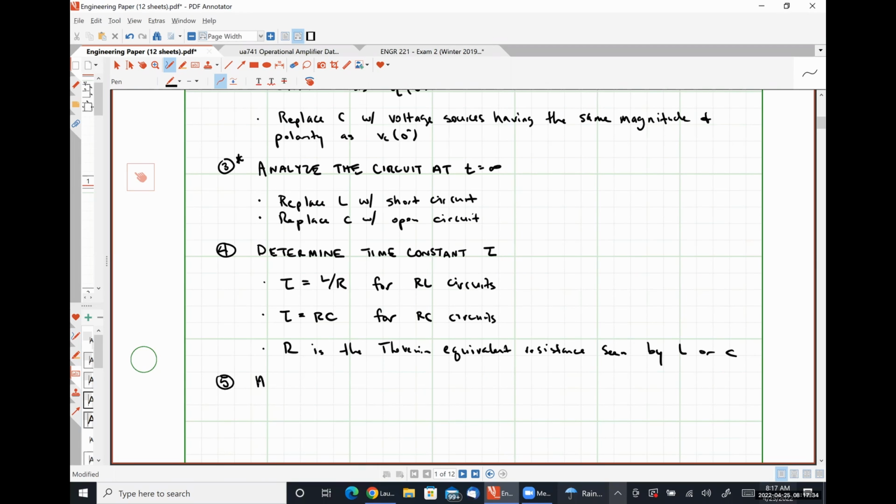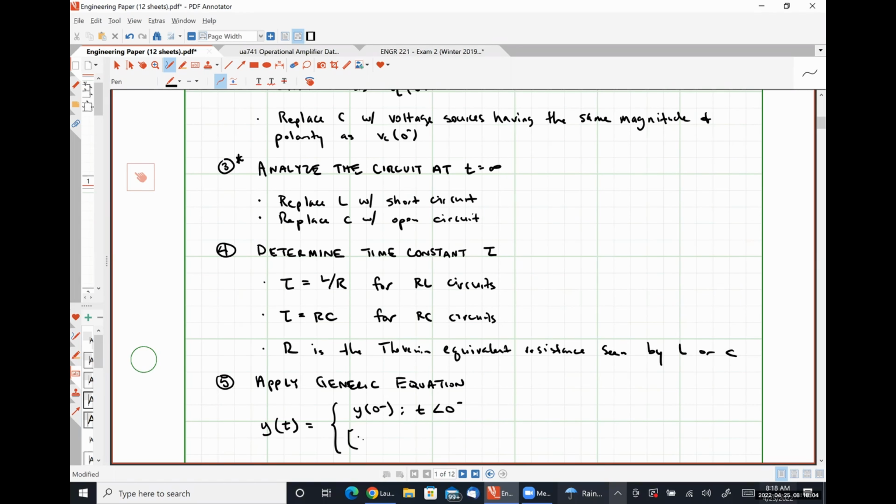Step 5 is just apply the generic equation. y of t is equal to y of 0 minus for t less than 0 minus.